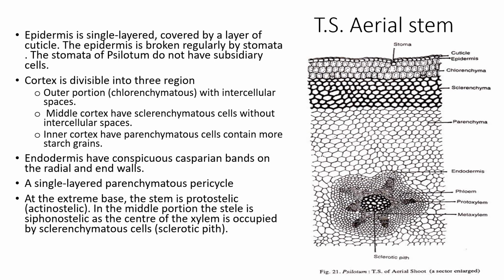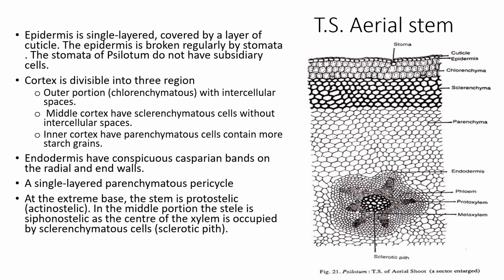Now we're going to see the cross section of the aerial stem. Here you can see the epidermis is a single layer, consisting of thick cuticle with stomata without any subsidiary cells. Then we have a cortex. The cortex is usually divided into three zones.